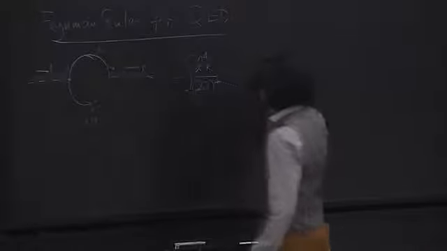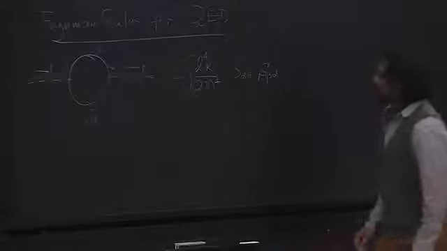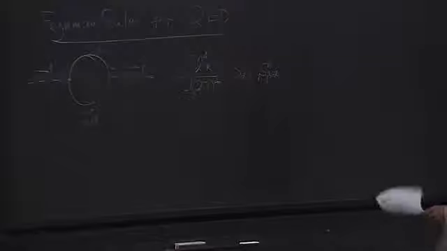So there should be a trace over the spinor index of the propagator, right? So this was the optional question in the last tutorial. Okay, now let us.